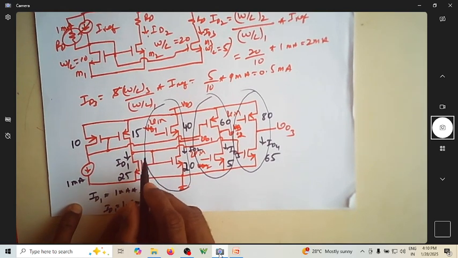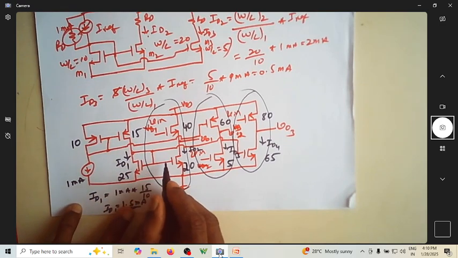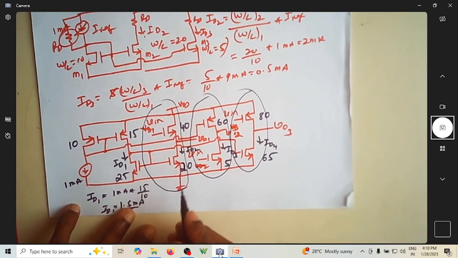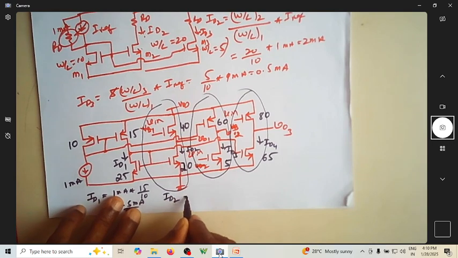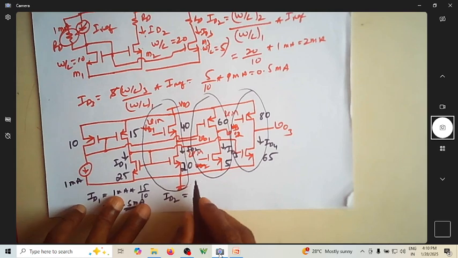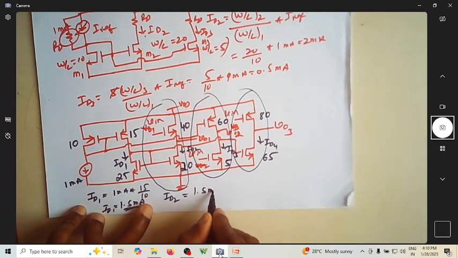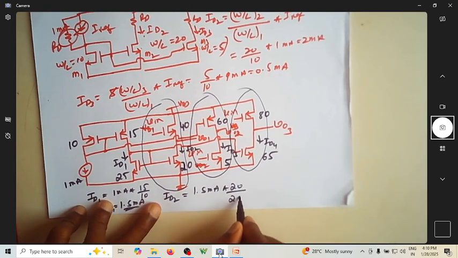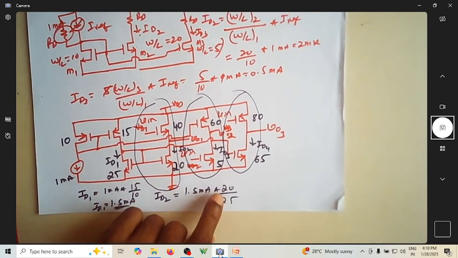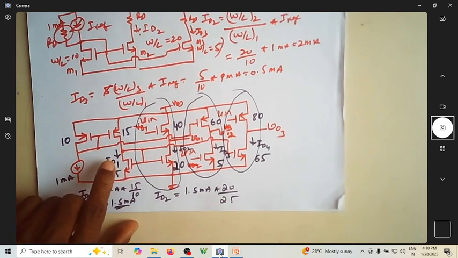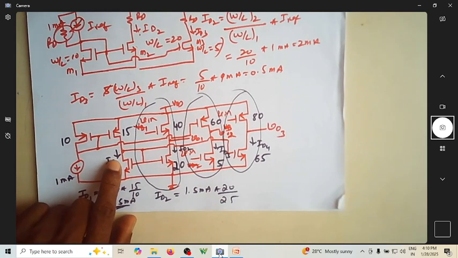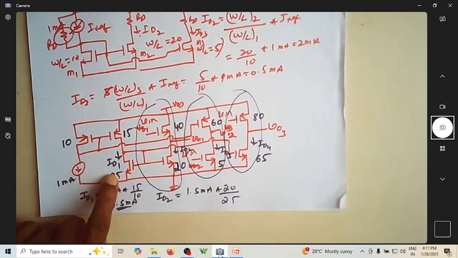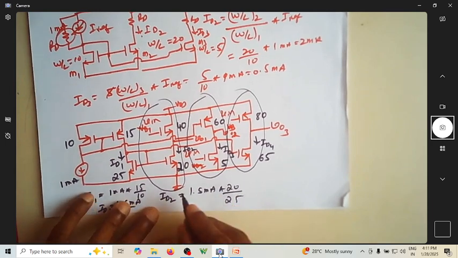Now I want to find what is ID2. For ID2, the reference current is 1.5 milliampere multiplied by 20 divided by 25. Since the reference for this is ID1, ID2 is 20 divided by 25 into ID1.